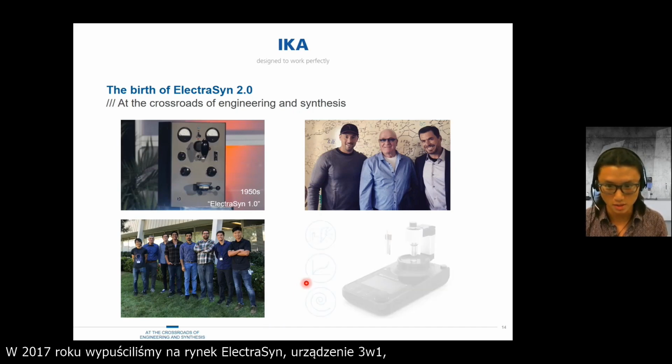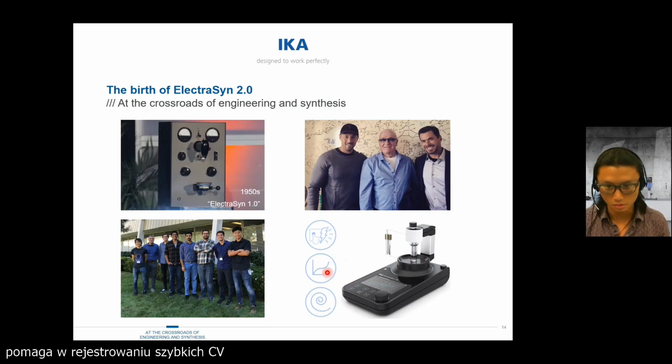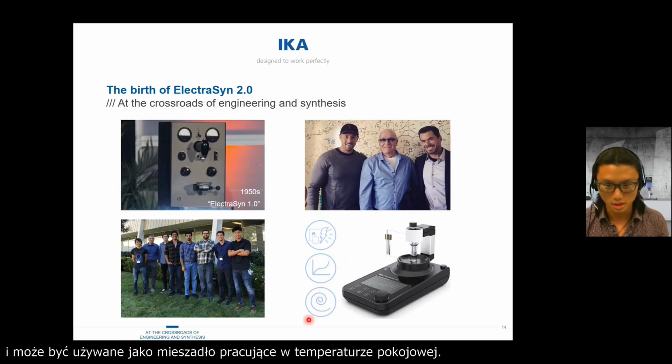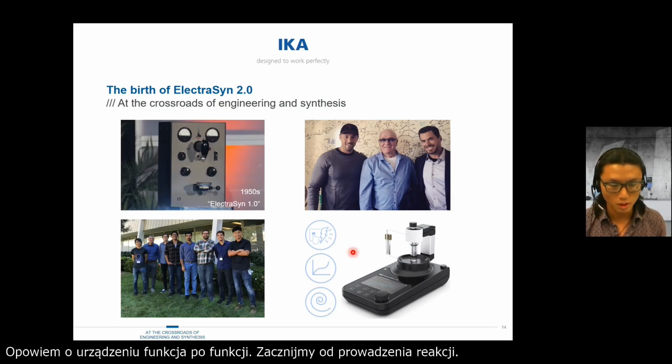So in 2017, we released ElectraSyn, a three-in-one instrument that allows you to run the reaction, helps you to take a quick CV, and you can use it as a room temperature stir plate. So for the next part, let's come to the exciting part, ElectraSyn, and I will break it down function by function, starting with running the reaction.